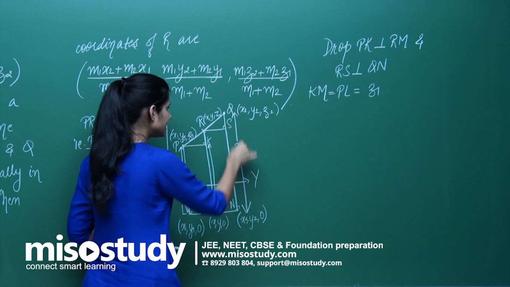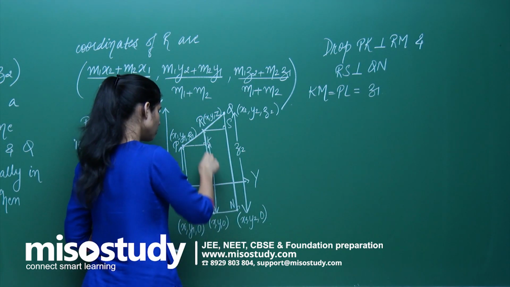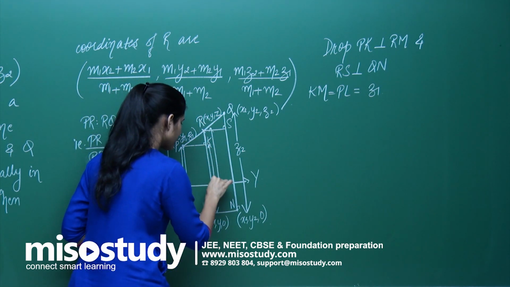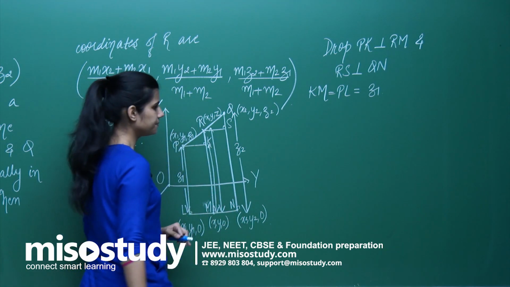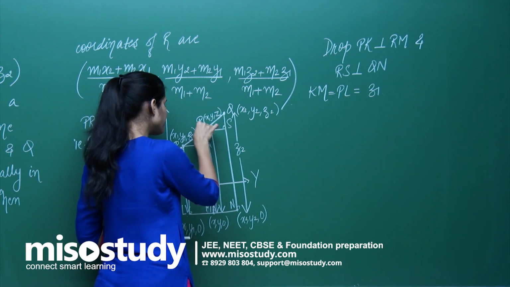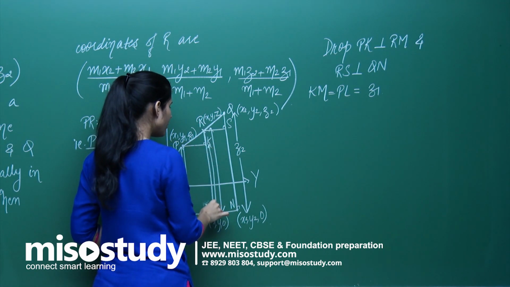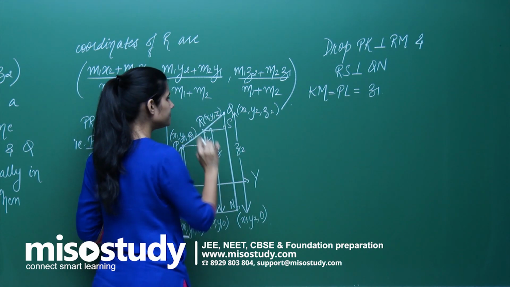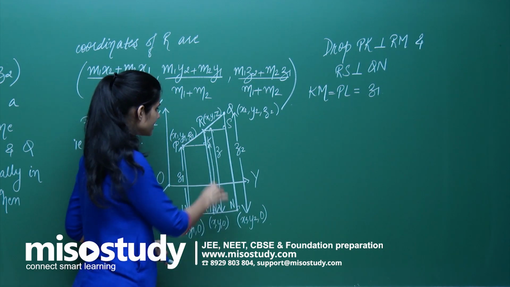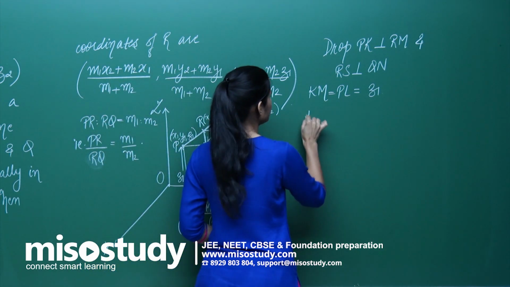Now this complete length is the length of the perpendicular drawn from R to the xy plane, which is the z coordinate of R. So this complete is z, this is z1. So what is RK?